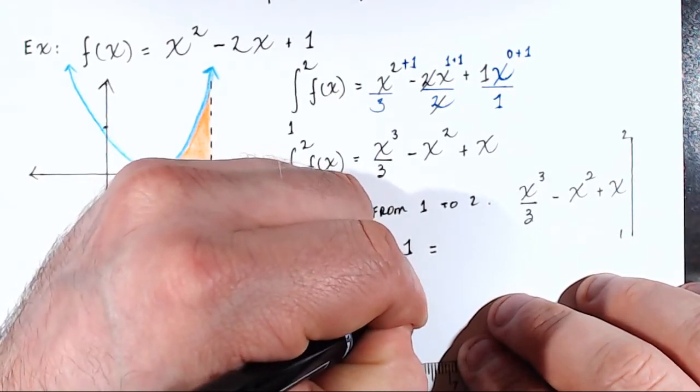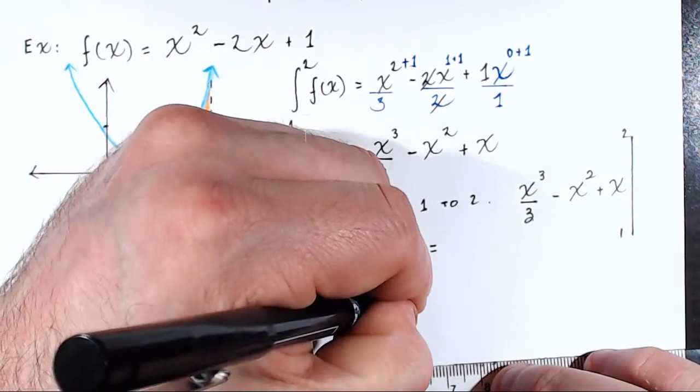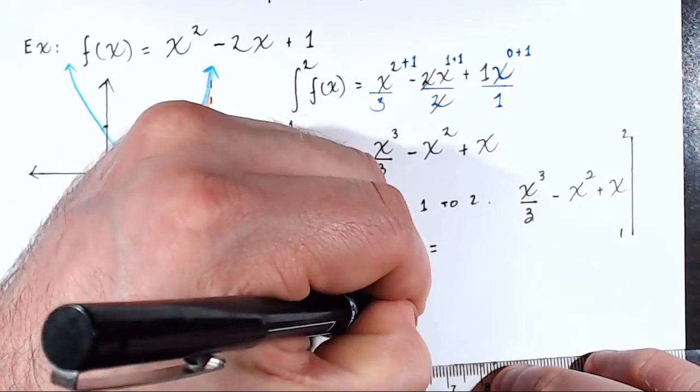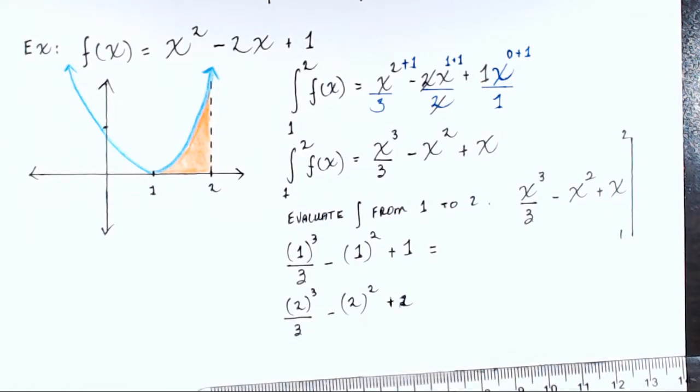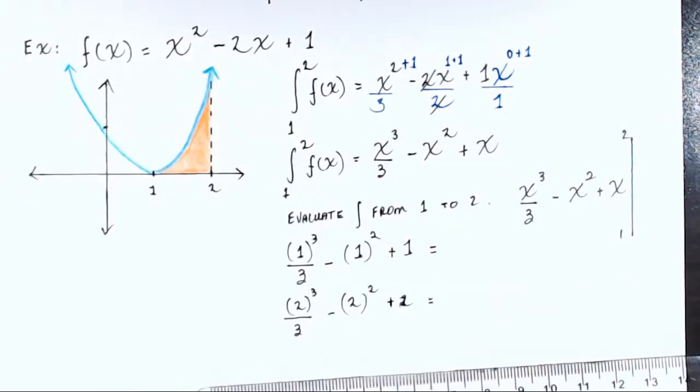Plus 2. You're just replacing the x value with whatever number it is that you're evaluating it at. Okay, and let's see what that equals.